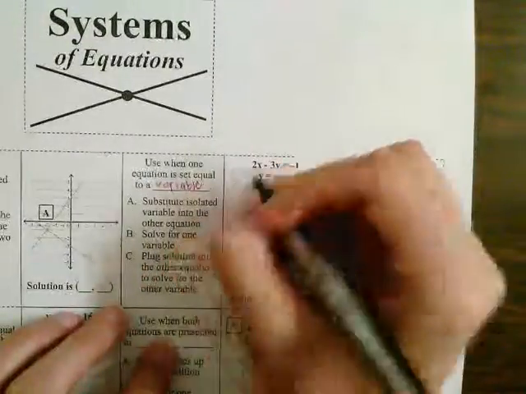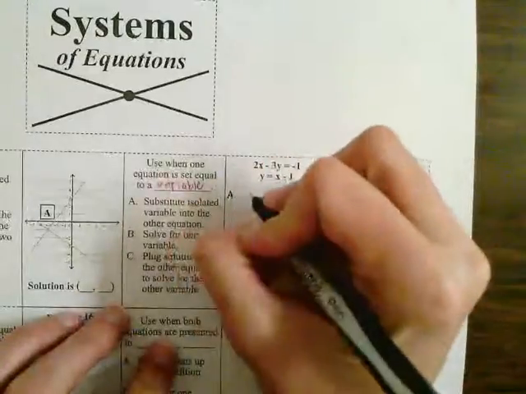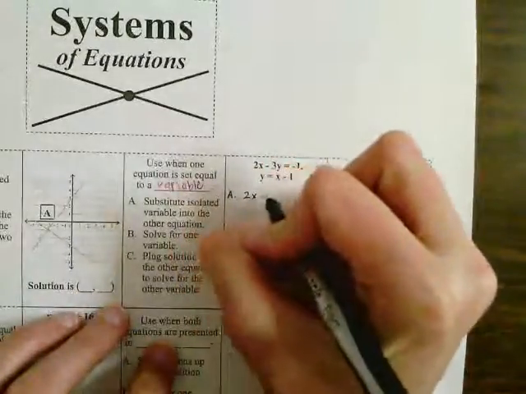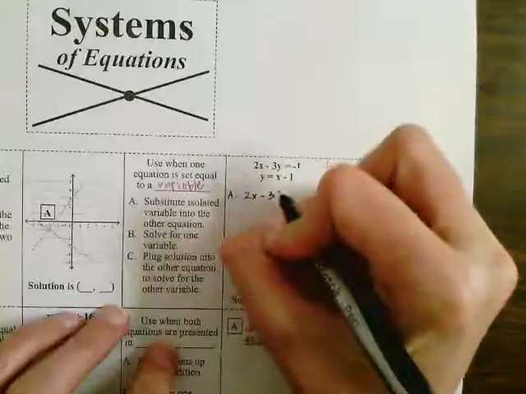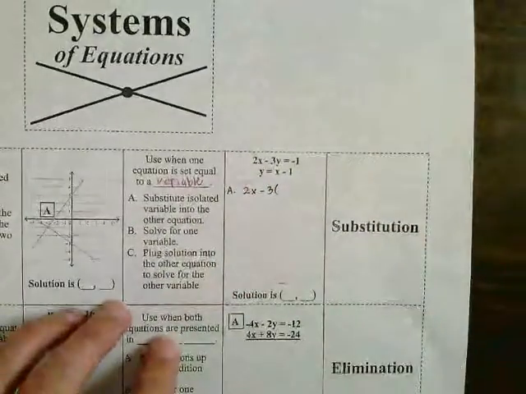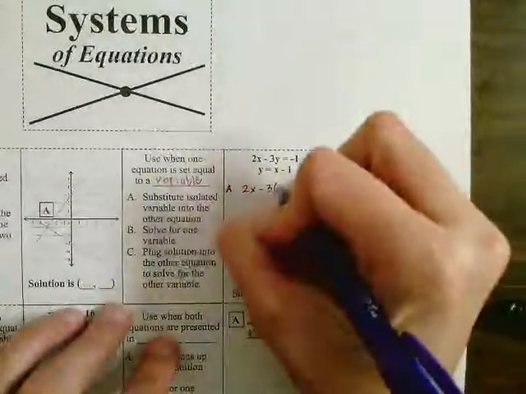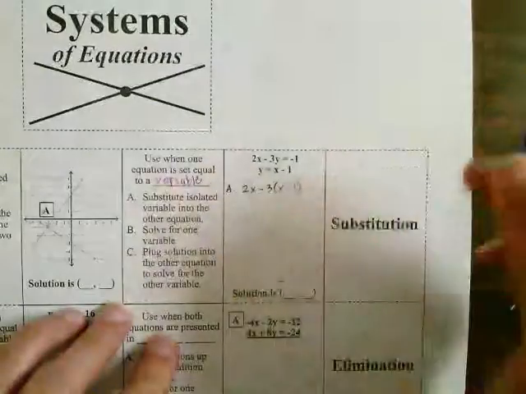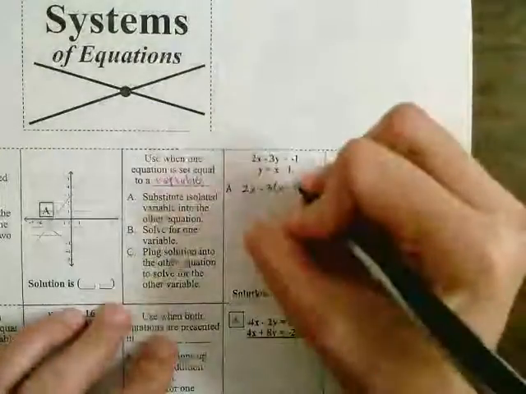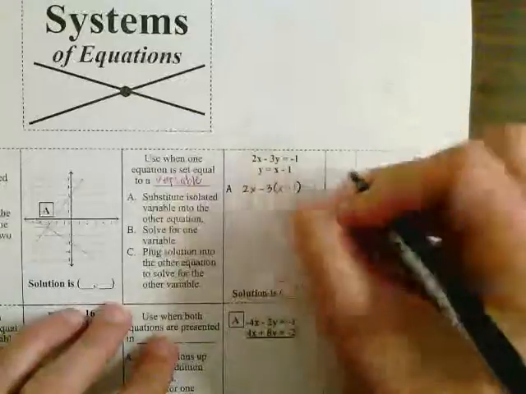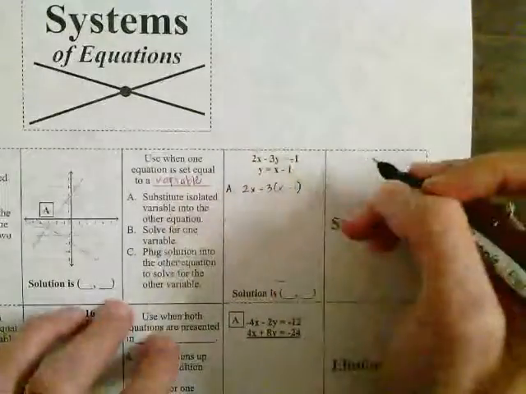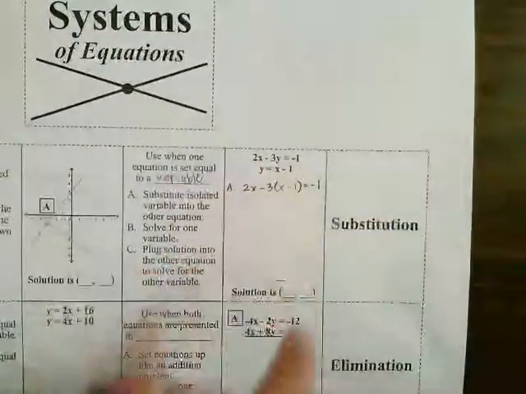So you're going to have, this is step A, 2x minus 3 times, and this is what you're plugging in, (x minus 1) equals negative 1.